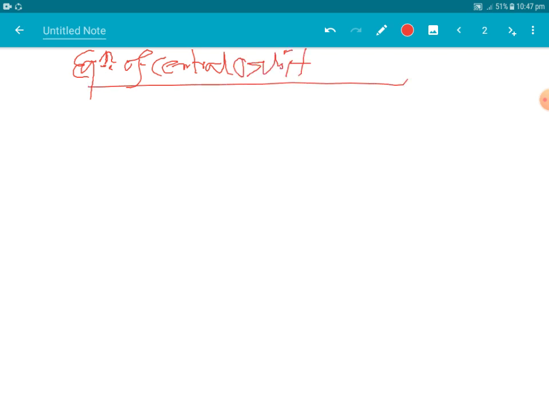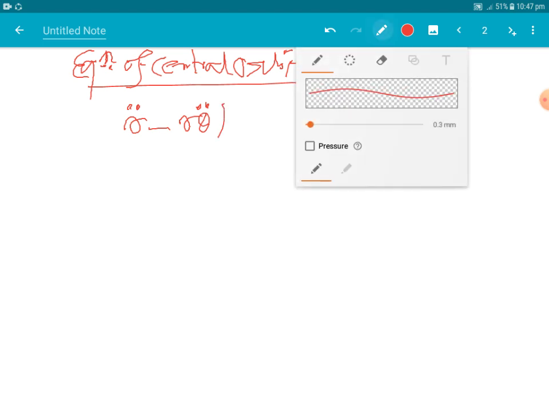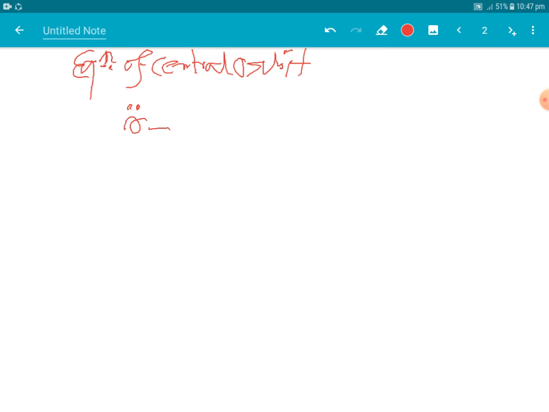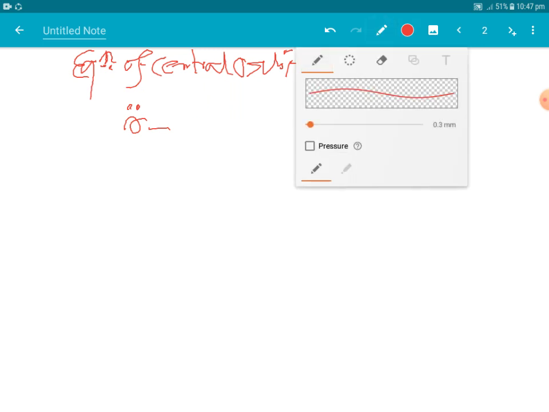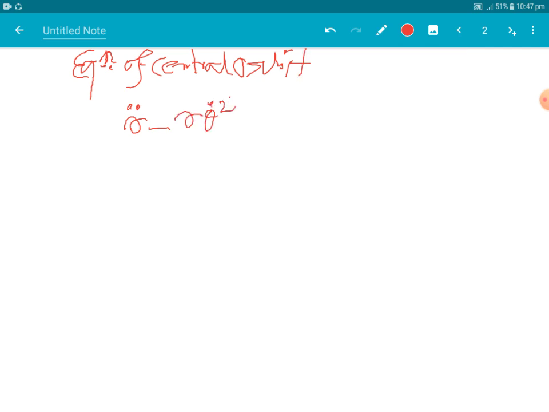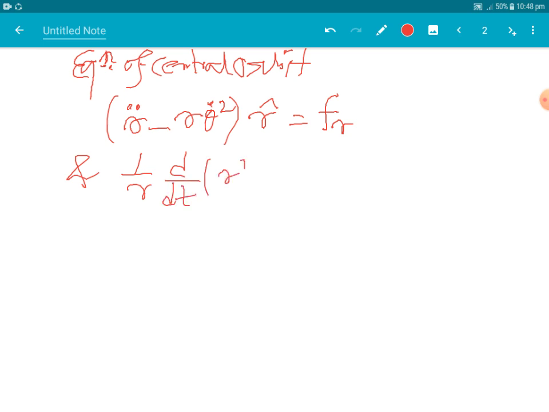We know that the radial component of acceleration is r double dot minus r theta dot square, times r cap, that is the radial acceleration f_r, and 1 by r d/dt of r square theta dot, times theta cap, is the cross-radial acceleration, that is the f theta component.